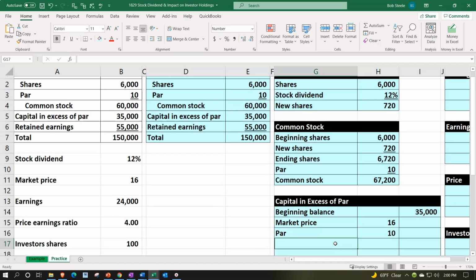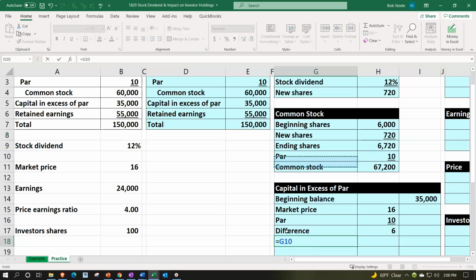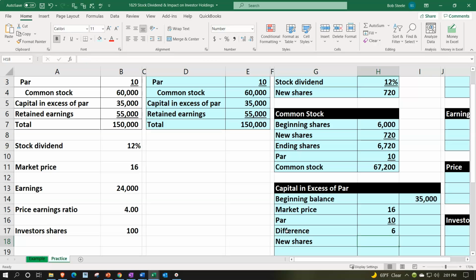Let's put an underline there by going to the font group and underline. That'll give us the difference. Let's make that a capital. Difference, which is going to be equal to 16 minus the 10. And then we're going to multiply that times our new shares, which we calculated up top at the 720. We got 720 new shares.